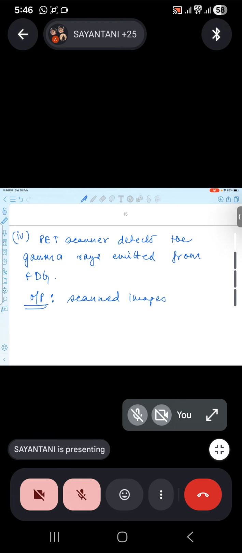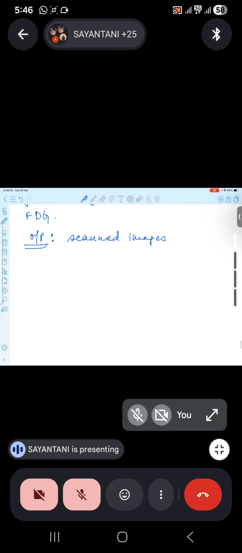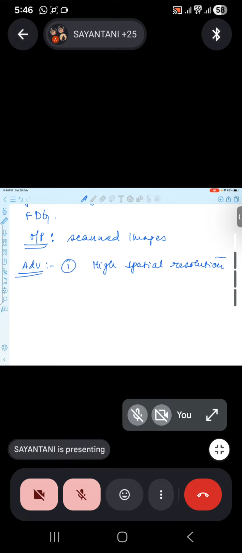So again, what is going to be the advantage? You can easily understand that the most important advantage is that since you are getting the scan of the entire brain, you get very high spatial resolution. And the disadvantage is poor temporal resolution.